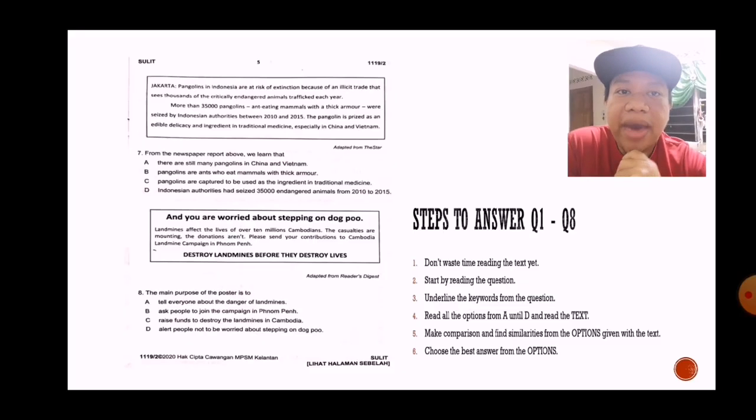B: pangolins are ants who eat mammals with thick armor. C: pangolins are captured to be used as the ingredient in traditional medicine.